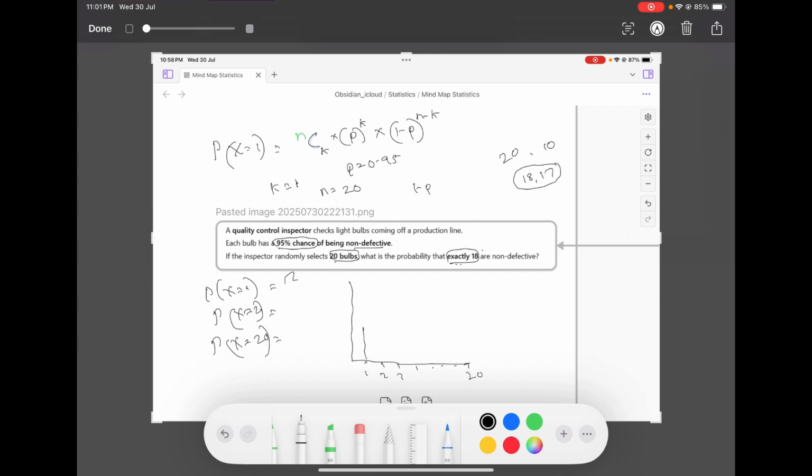If you calculate this, you can do the same for x equal to 2, x equal to 3, and up to x equal to 20. You will get the corresponding probabilities. It will look like this.